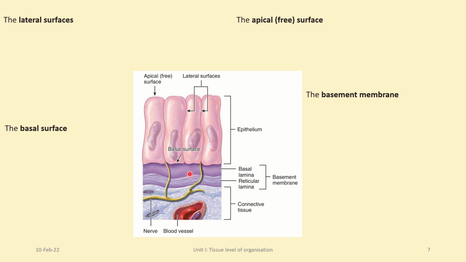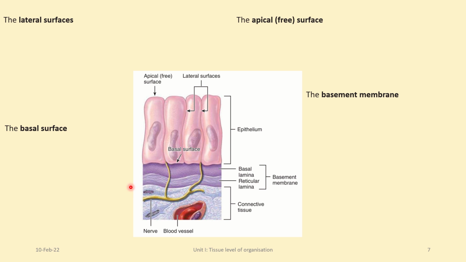This entire portion makes up the epithelium, and beneath the basal surface you have the basal lamina and the reticular lamina that ultimately make up the basement membrane. Beneath this basement membrane lies the connective tissue, and you can observe that there are nerve fibers, which is why we say that the epithelial layer is an innervated layer.